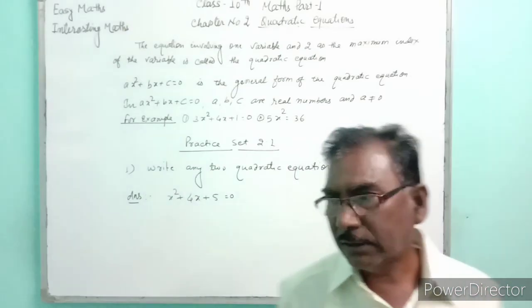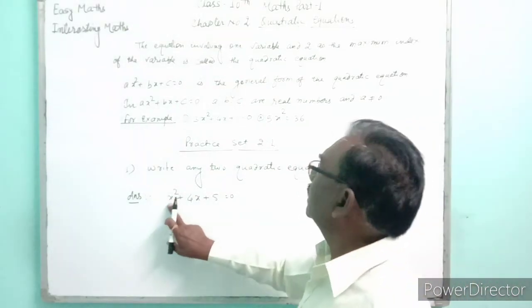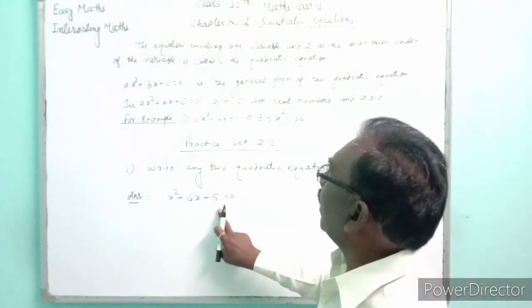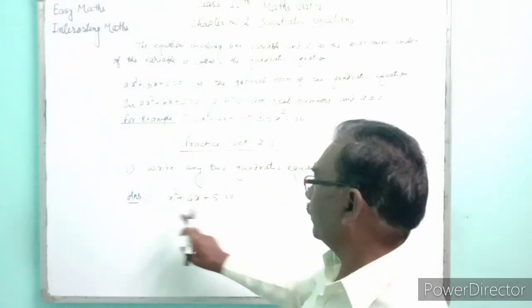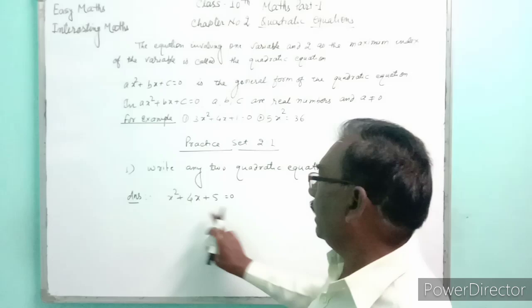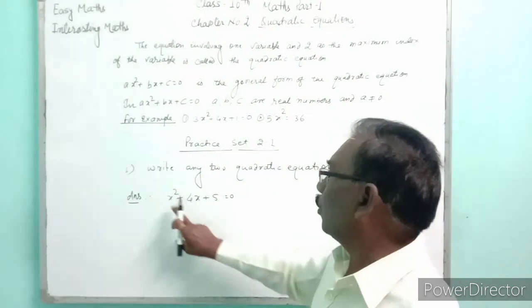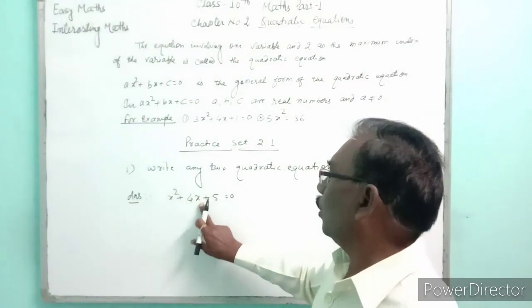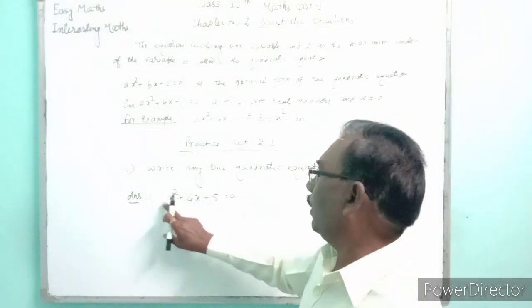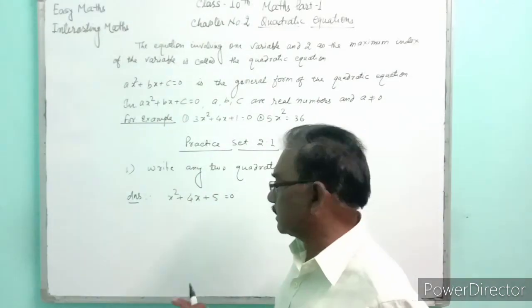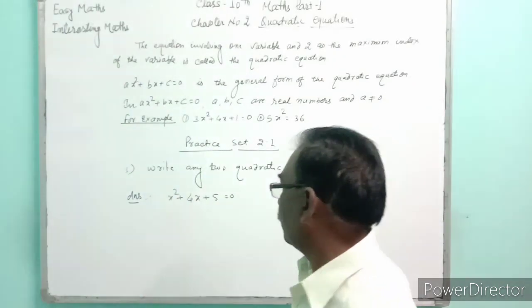This is a quadratic equation, because this equation is in the form of ax square plus bx plus c is equal to 0. x is the only variable, its index is 2, and the coefficient of x square is 1, the coefficient of x is 4, and the constant is 5. So 1, 4, 5 are real numbers, and at the same time 1 is not equal to 0.